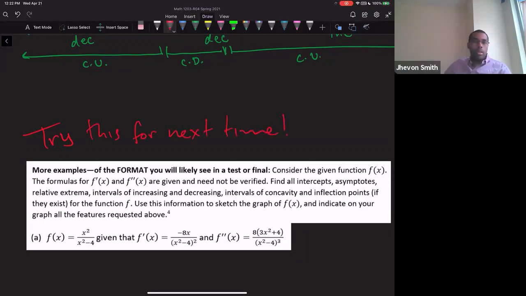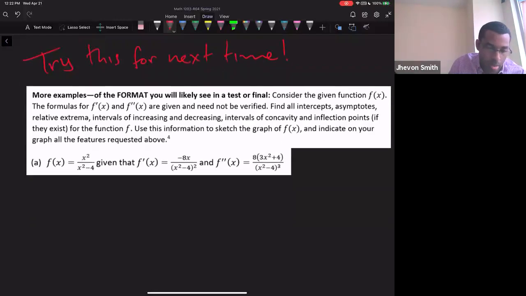If you can get through that easy, I don't think you have to worry about the curve sketching problem for test 2 and the final. On average, what you should be aiming for, aim for 10 to 15 minutes on these. You don't really want to take longer than 15.